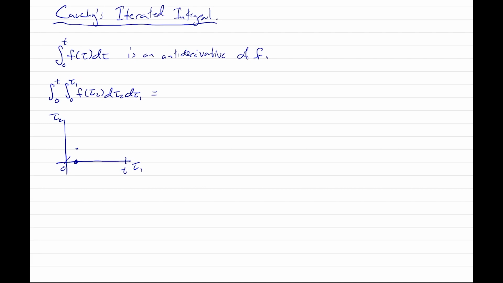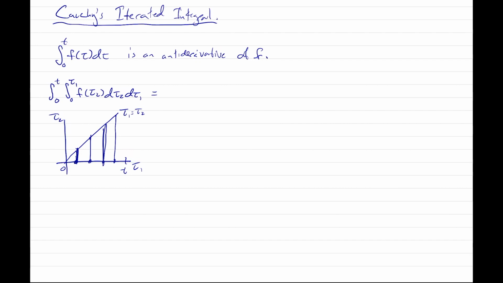So what we end up seeing is that we have this line, tau 1 is equal to tau 2, and we're going to go from 0 to tau 1 for tau 2, right? So basically this is how the integral is going right now. We move forward and we fix tau 1, and then once tau 1 is fixed, tau 2 goes from 0 to tau 1.